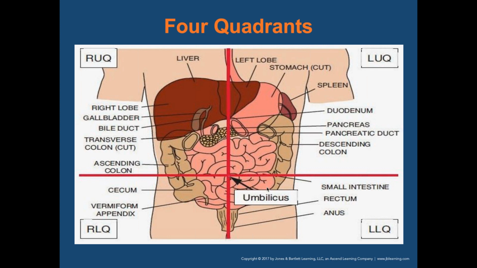All right, so if we're having pain down here, do I want to start in this area assessing the entire abdominal area? No, I do not. I do not want to assess in this area.